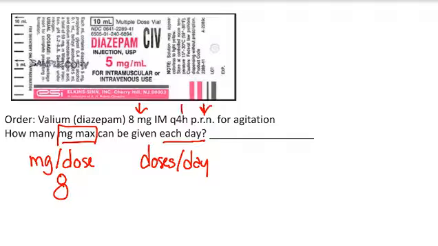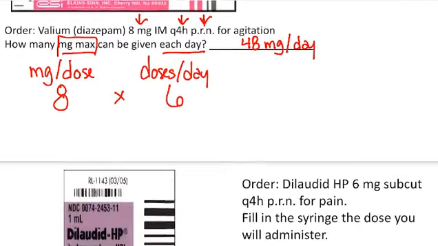If I'm getting a Q4 PRN, 24 hours divided by 4 is 6 times per day. So if I had my maximum amount, I would be given this medication 6 times a day. So I'm going to multiply 8 times 6, which is 48 milligrams per day, max. Okay.